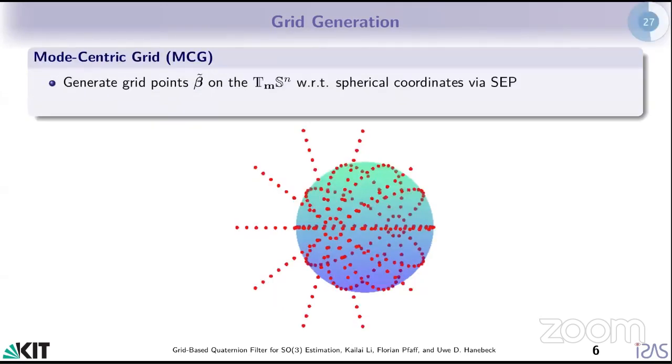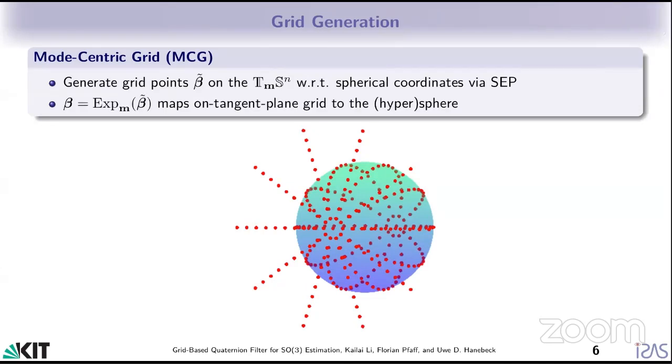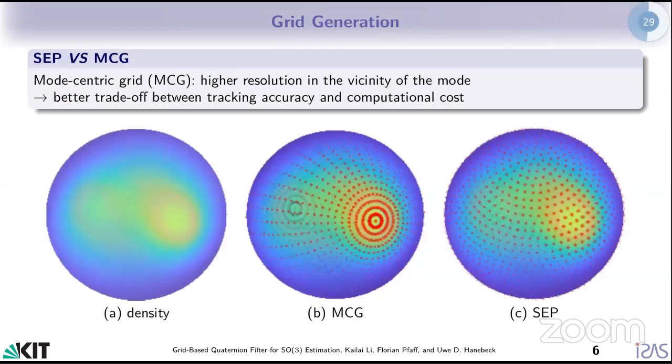We propose, however, a mode-centric grid. This is done by first discretizing the tangent plane at the mode, layer-wise by a range of radii, then mapping the tangent plane grid points back to the hypersphere via the exponential map. In this example, we can see a synthesized multimodal distribution on the sphere, and we further model the uncertainty by using the MCG, the mode-centric grid, and the grid from SEP, the spherical eco-partitioning.